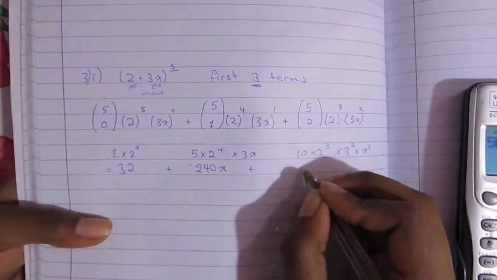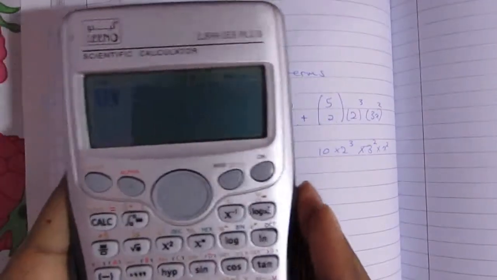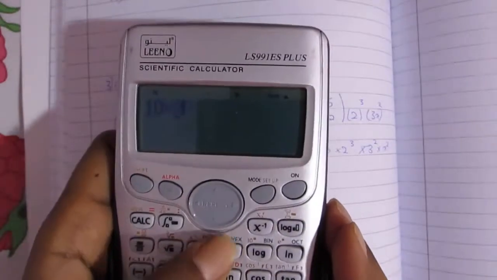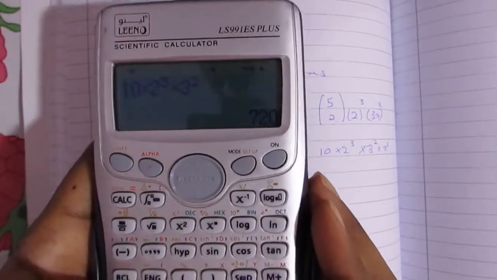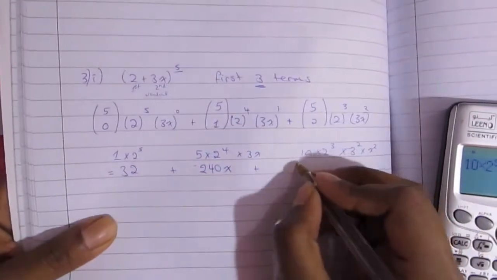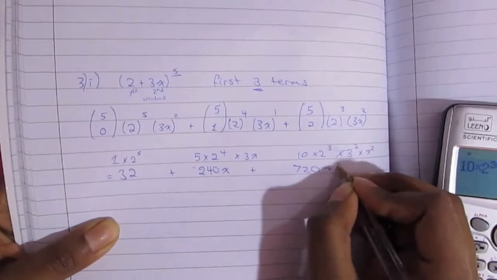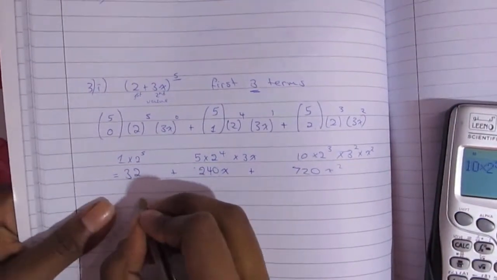Don't mess that up. I've done that before and honestly it's the saddest thing ever. You're doing (3x) but the whole thing squared, so then the 3 is also squared just like the x. So it's going to be 10 times 2 to the power of 3 times 9 times x squared, which will end up giving you 720x squared.